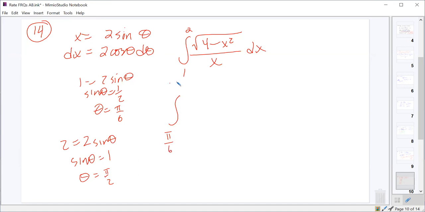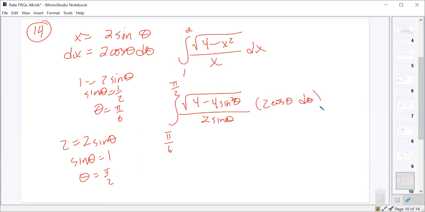So we got pi over 6, we got pi over 2, we got square root of 4 minus 4 sine squared theta over 2 sine theta times dx, which is 2 cosine theta d theta. And then it looks like you got to simplify that out some. First off, these 2's will cancel. I can factor a 4 out of this, right?